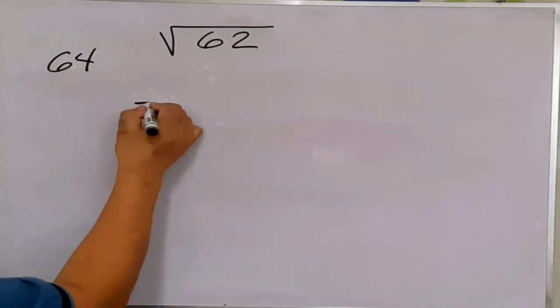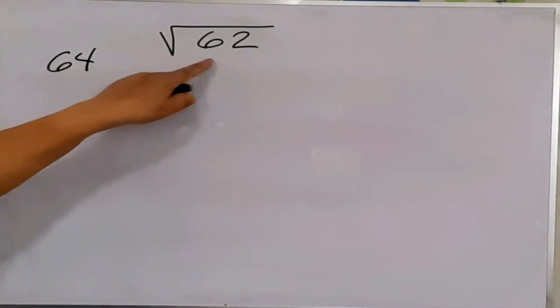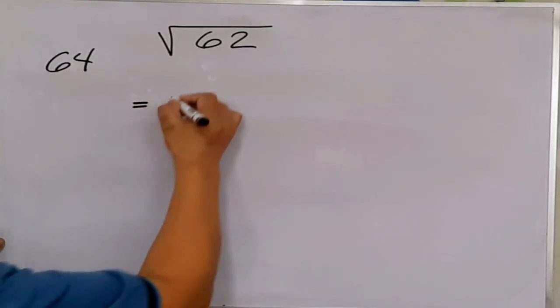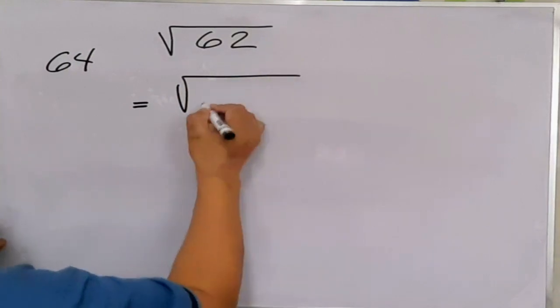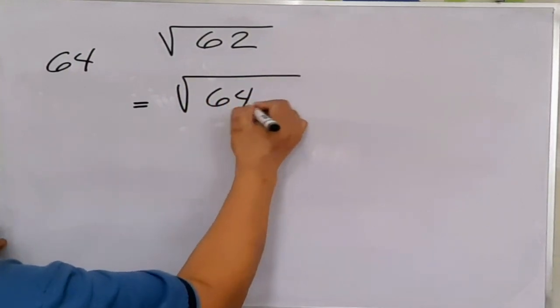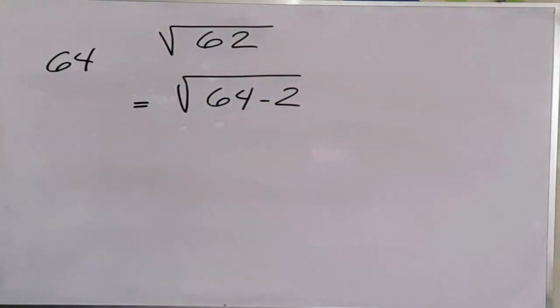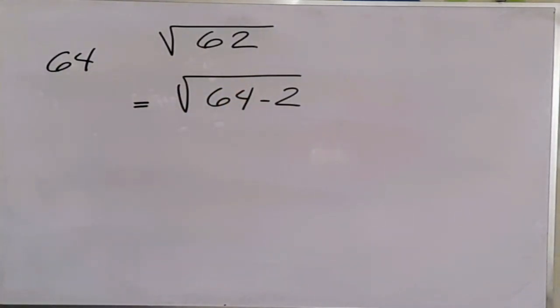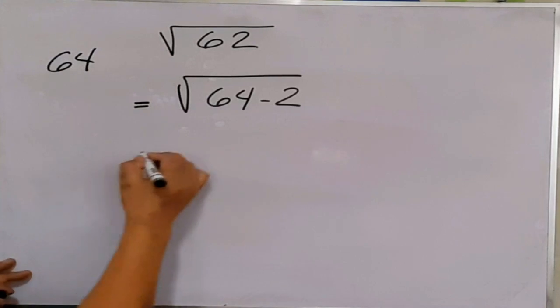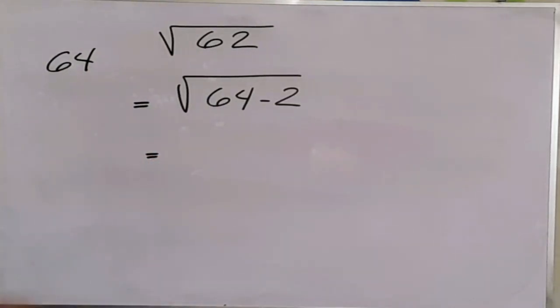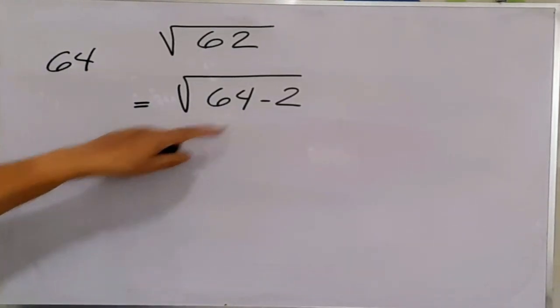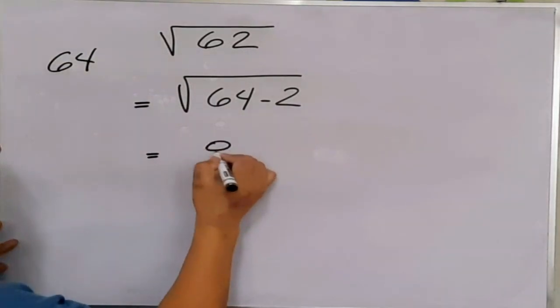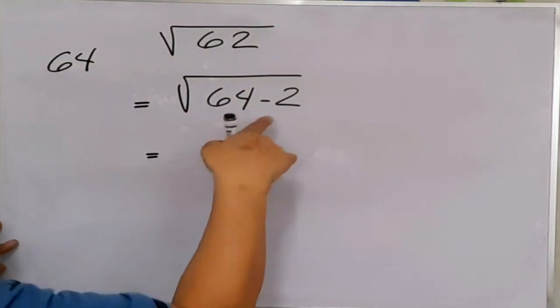Now, we are going to express 62 in terms of 64. That means the square root of 64 minus 2. 64 minus 2 is 62. And then, what is the square root of 64? It is 8. Minus 2.